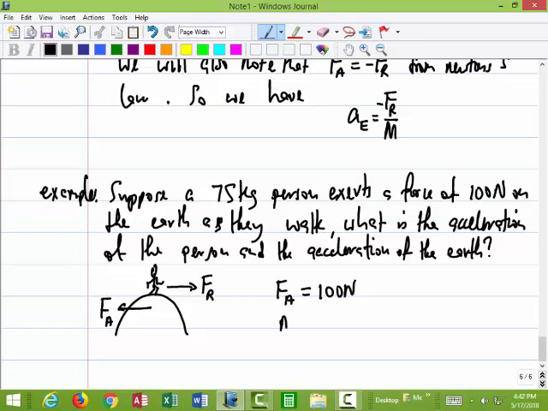The mass of the person is equal to 75 kilograms. The mass of the earth is 6 times 10 to the power 24 kilograms. And we want to find the acceleration of the earth and the acceleration of the person.